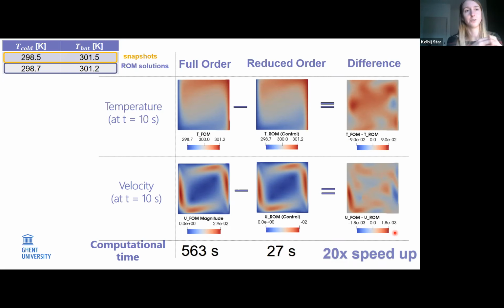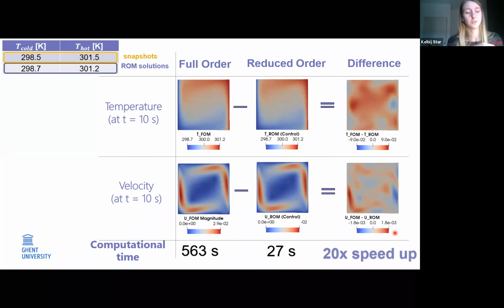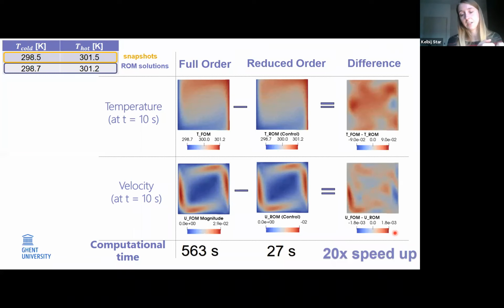It's always better not to try to include all characteristics, but to have it specified for certain characteristics. Then the POD will also be the strongest. And you can develop different reduced order models to catch different regimes. Okay. Thanks.